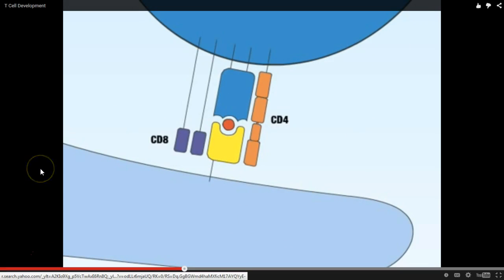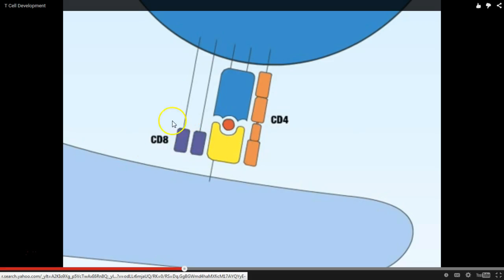That's the spot. Okay. So when the T cells are first born, they have both of these receptors, a CD4 and a CD8. Then there's their T cell receptor, which is what interacts with the antigen, another thing that's not labeled here. So this would be the antigen. This molecule right here is the MHC, and this is MHC class 1.